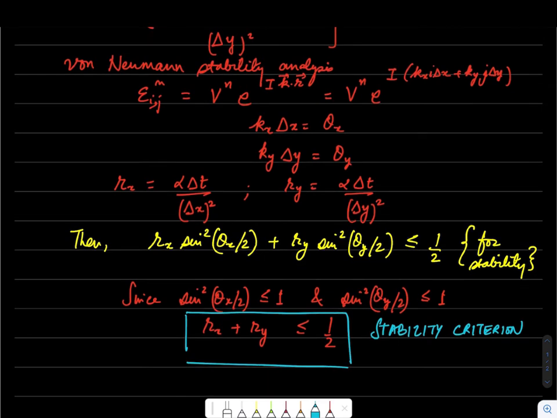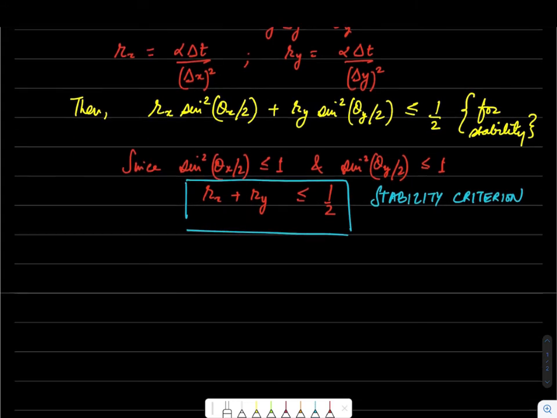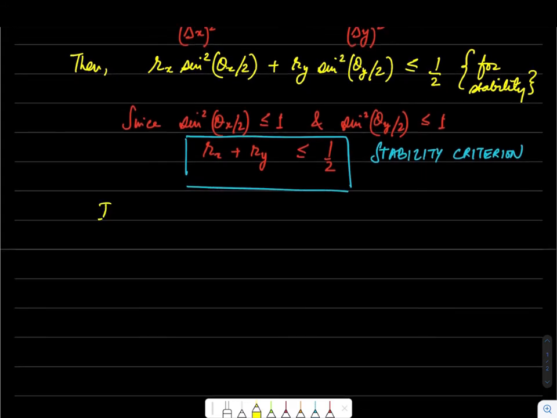Further, there's a special case that we can bring in here. The case is when delta x and delta y are equal. So in the special case, if delta x is equal to delta y, this would mean that rx is equal to ry. So in this case, let me call it r. Then clearly r should be less than or equal to 1 by 4.